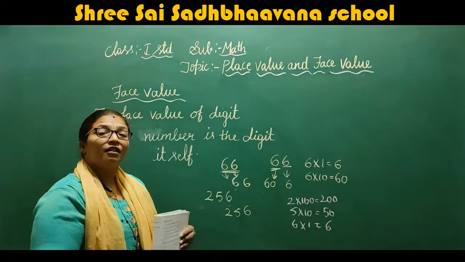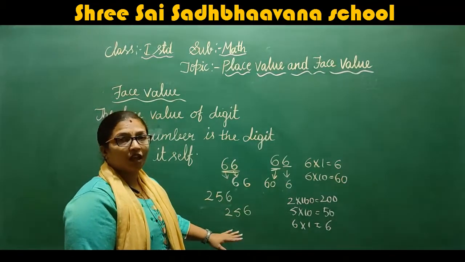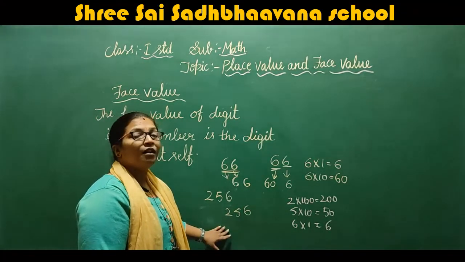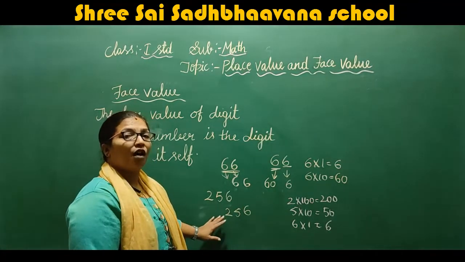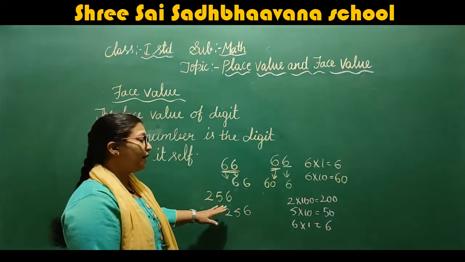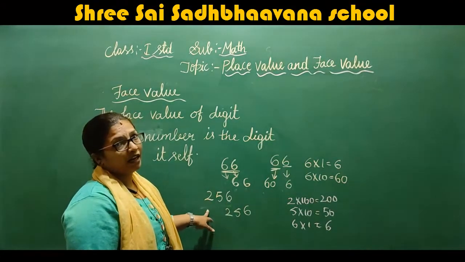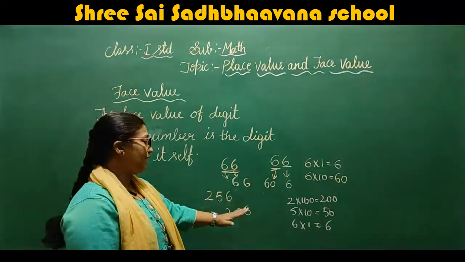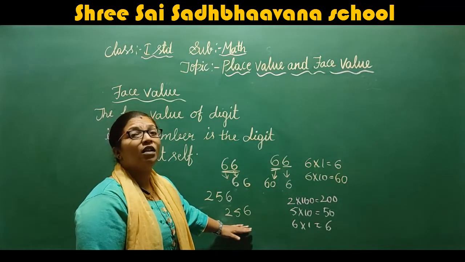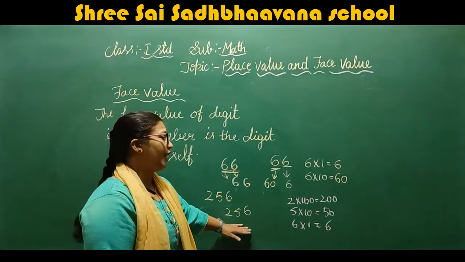So see the difference, children. The digits won't change in the face value. It will be the same digit. If it is in the 10th place, the 100 place, or the 1's place, the value of the digit will not change.